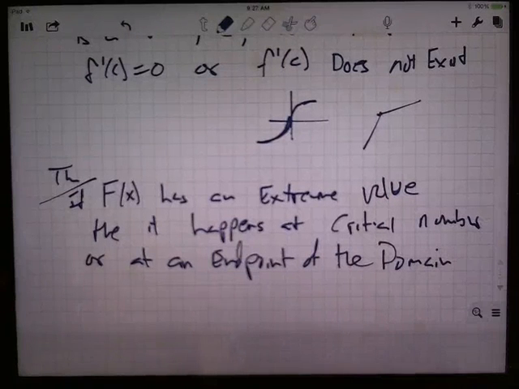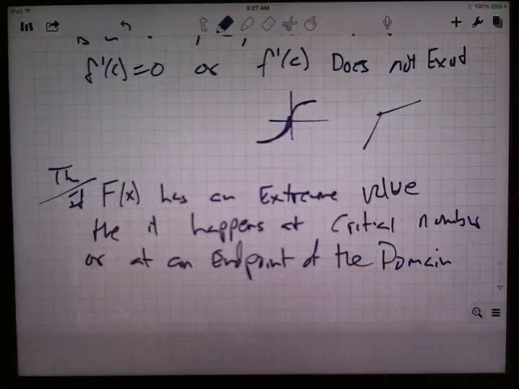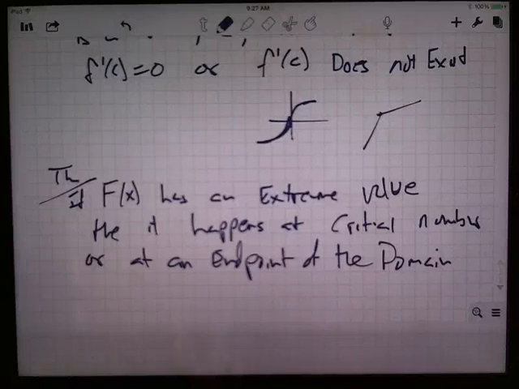So when I'm looking for extreme values, I need to look in 3 places. I need to look at endpoints, and I need to look at critical points. That sounds like 2 places, but there's 2 types of critical points. Okay.